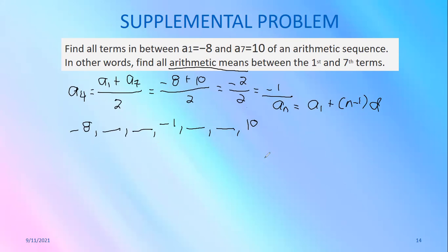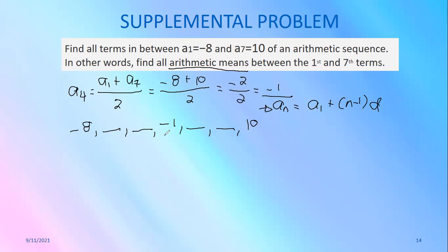You will use this formula already. So you're given the fourth term, we don't have any second term, although we can use the second term. But we don't know the common difference yet.